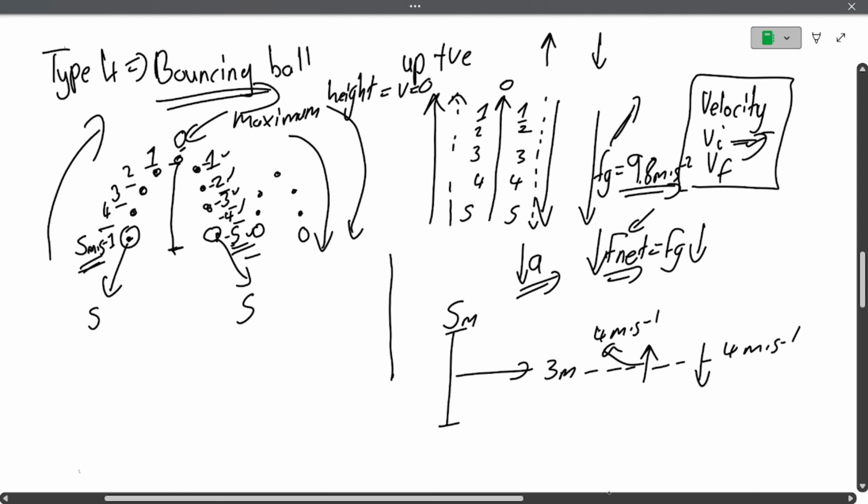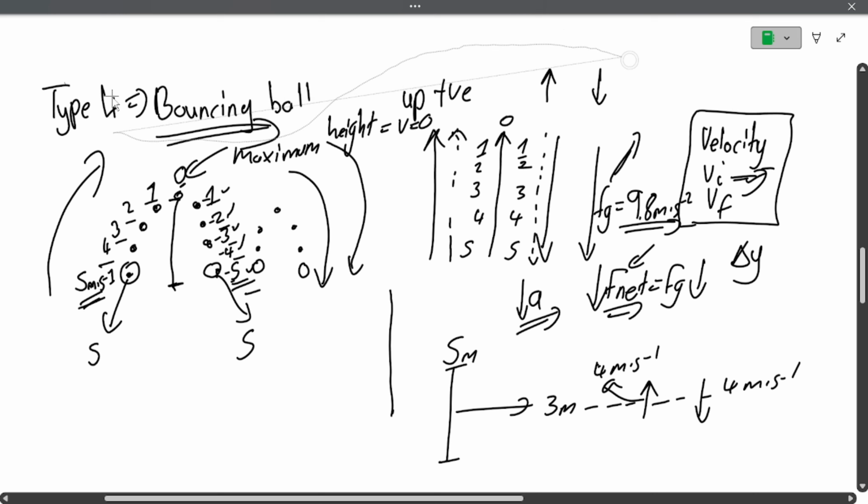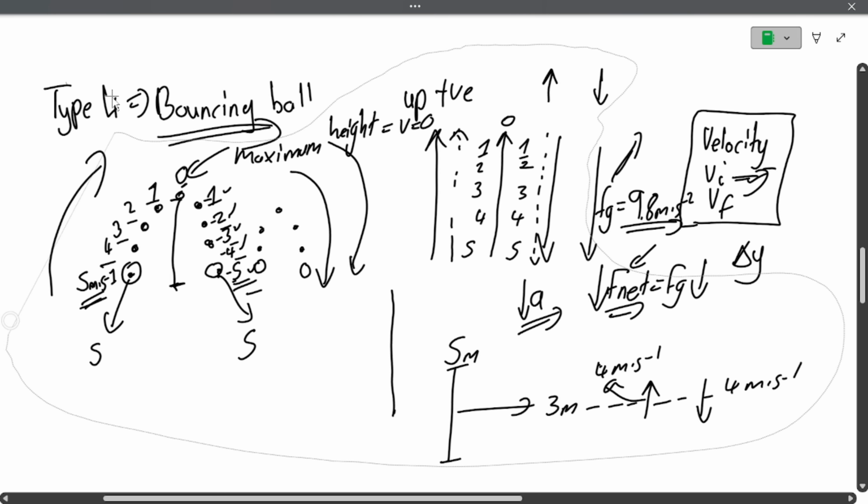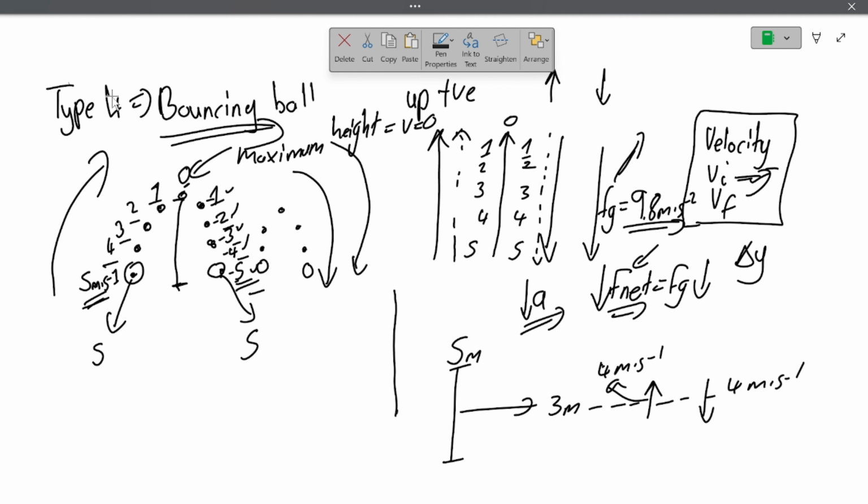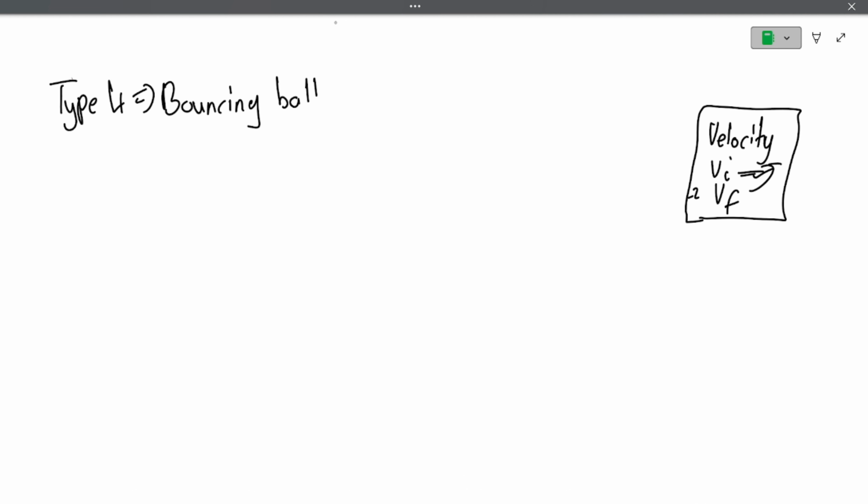Now we have described the velocity. Now let's describe the change in y, or the displacement, because the displacement is also very much important. So we have to know how displacement works in a bouncing ball. We have cleared up space, we have described velocity. Now let's describe the displacement. So let me just draw the axes again of the bouncing ball.